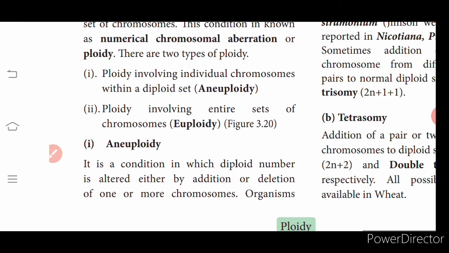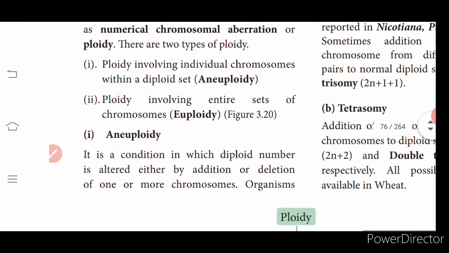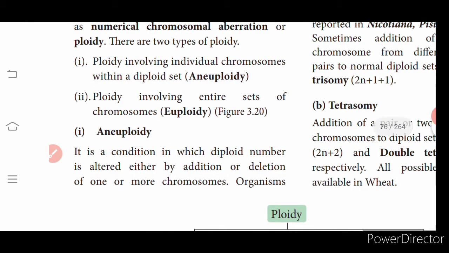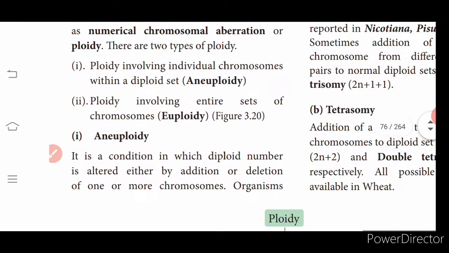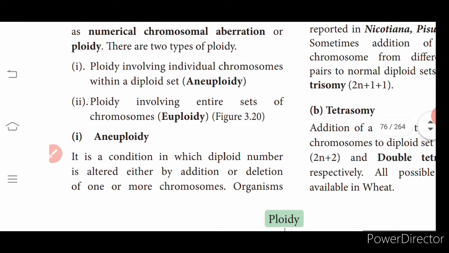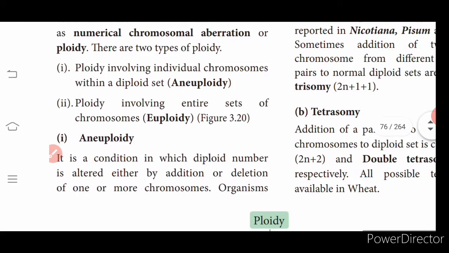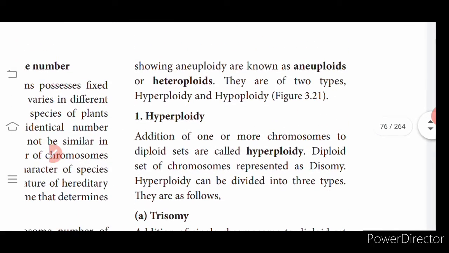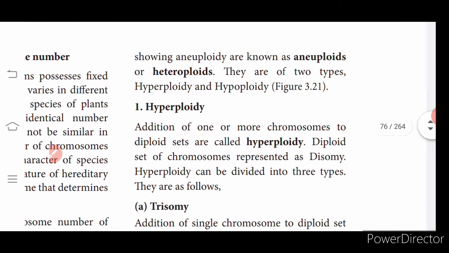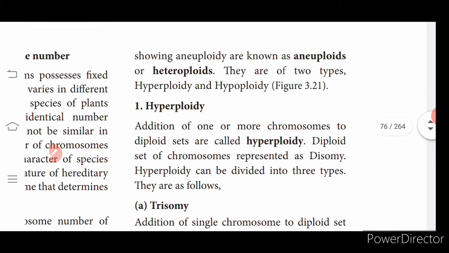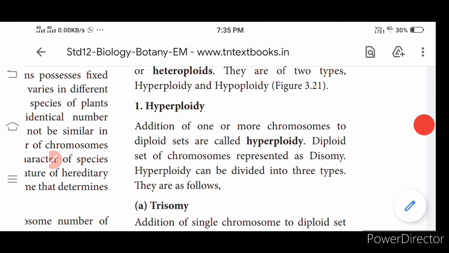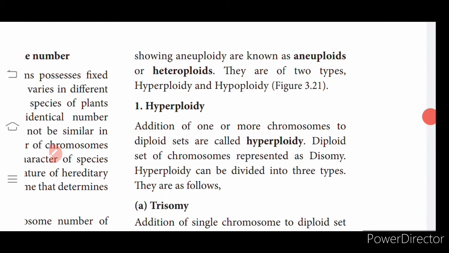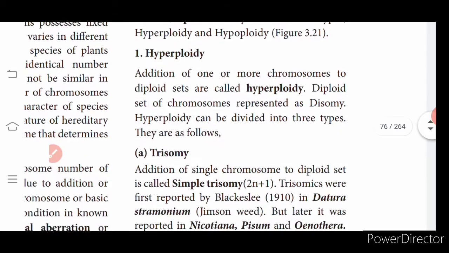Aneuploidy is a condition in which the diploid number is altered, either by addition or deletion of one or more chromosomes. Organisms showing aneuploidy are called aneuploids or heteroploids. A question can be asked with this term: what are heteroploids? Follow. It is of two types.